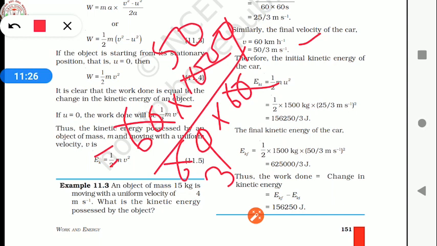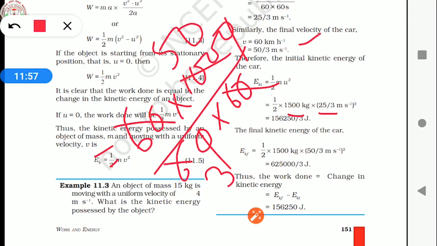By substituting the values, you will get half into 1500 kilogram into 25 upon 3 the whole square. And when you simplify this, you will get 1,56,250 upon 3 joules.